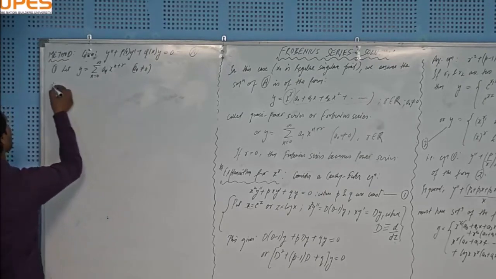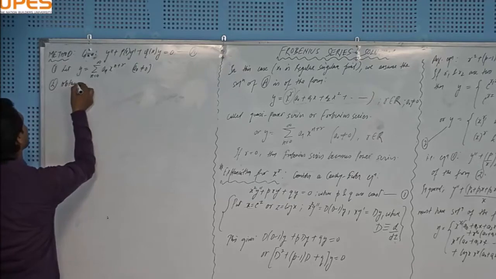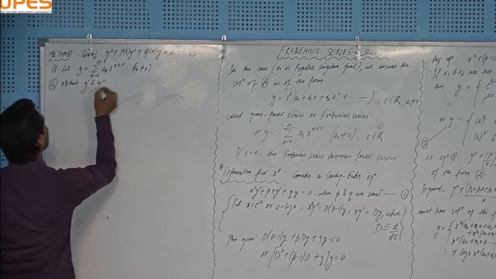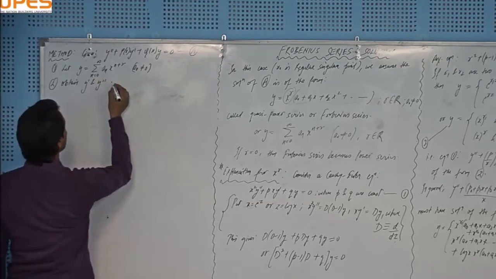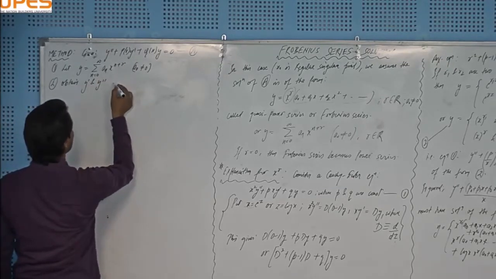In the second step, I will obtain y dash and y double dash by just differentiating them, and we'll plug those values in A, right?